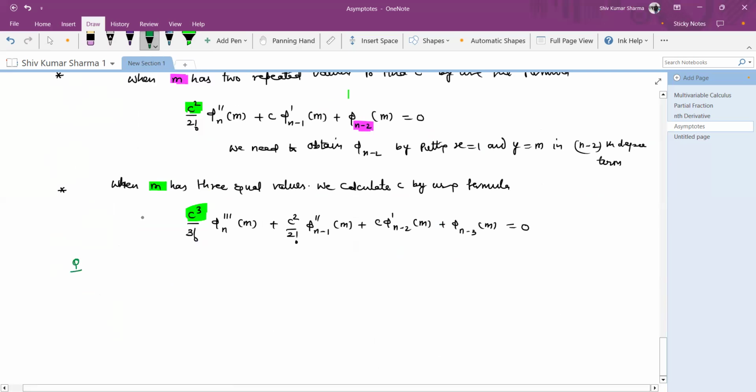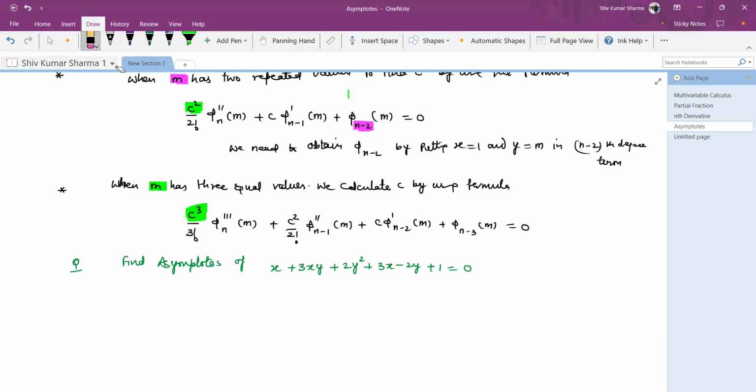So we have one question: find the asymptotes of x square plus 3xy plus 2y square plus 3x minus 2y plus 1 is equal to 0. So we start with the basic problem.